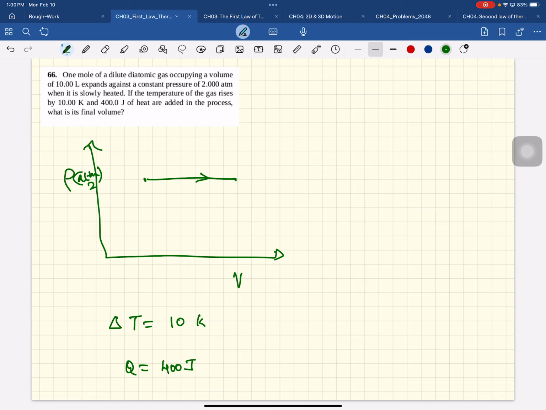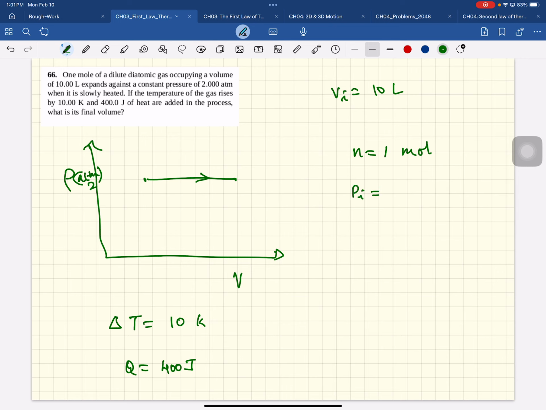So initial volume is 10 liters. And they give you 1 mole of the gas, so n equals 1 mole.